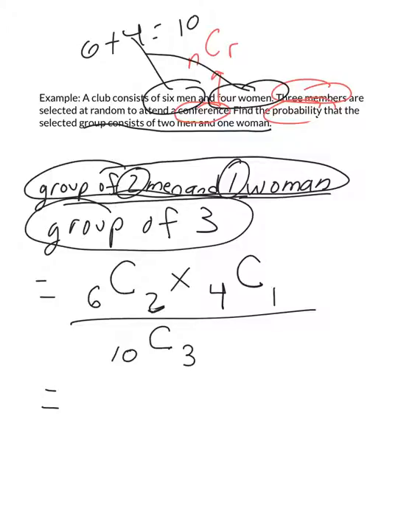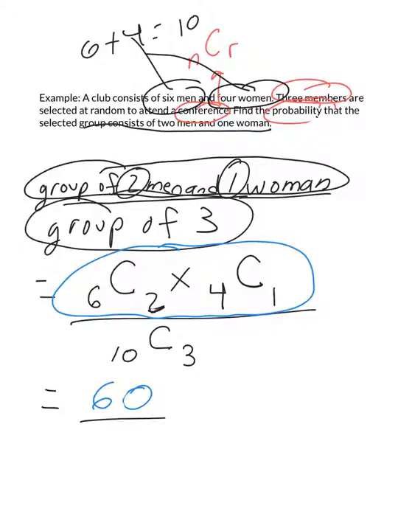Now we just have to type this into the calculator. I would start with the numerator. So go ahead and type in 6 choose 2, times 4 choose 1. Keep in mind you're going to use the math button, go over to PRB for the nCr feature. After you're done multiplying, you should be getting 60 in the numerator. Bring down the fraction bar.